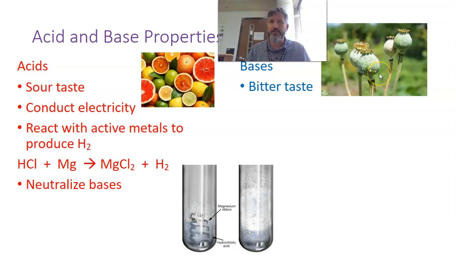But essentially, the reason that it tastes bitter, and also the reason that it's a drug, is because the plant has evolved toxins to kill or at least dissuade anything from trying to eat it. And the same thing is true of nicotine in a tobacco plant or THC in a marijuana plant. Those are plant-derived toxins that happen to be basic in nature, and that's why they taste bitter.